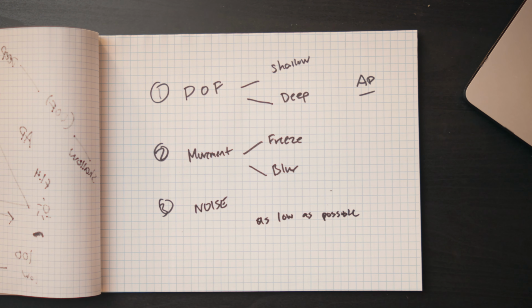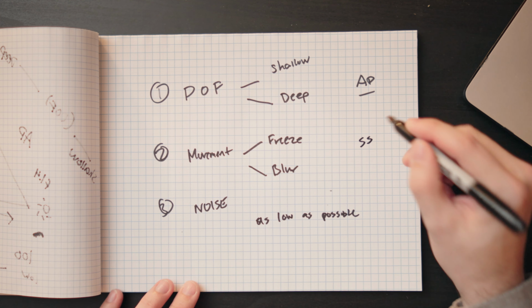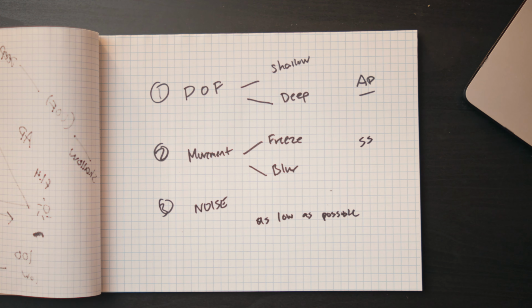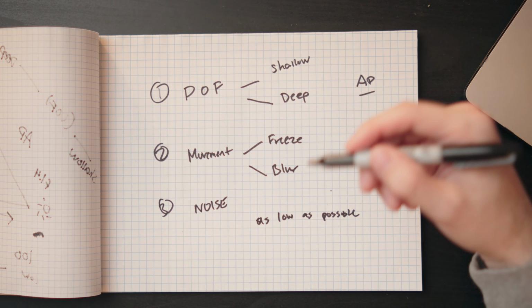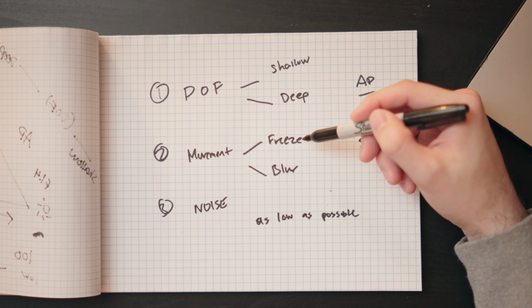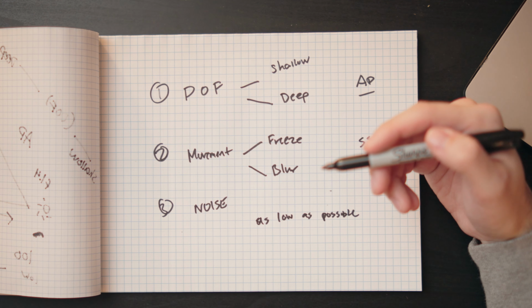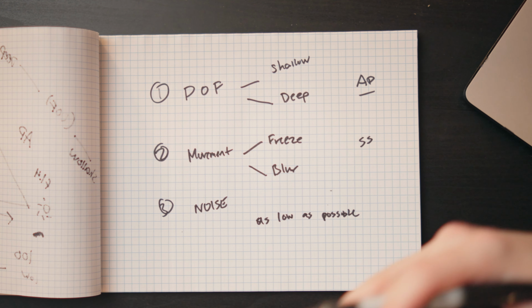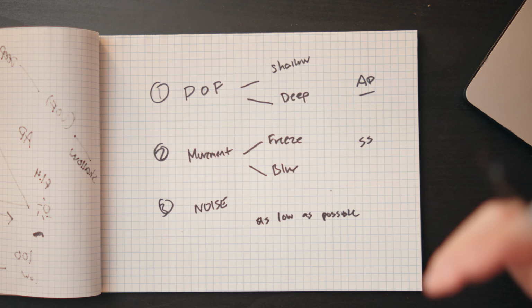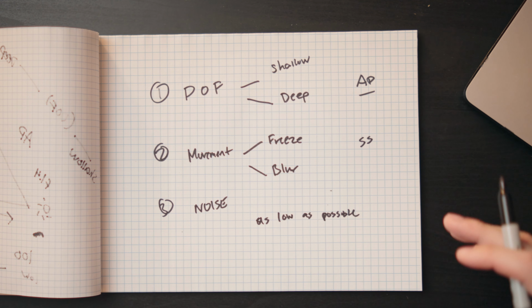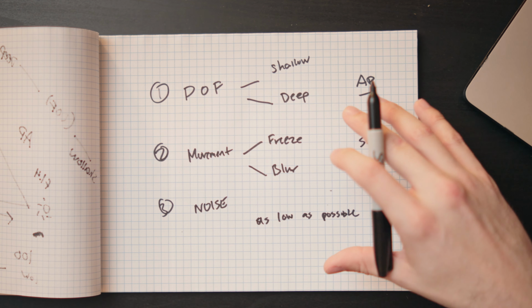So in terms of creative questions, you might want to ask yourself, how do you want movement to appear? And how deep or shallow do you want your depth of field to be? These are the two questions you're going to use, and they're going to inform you how to balance those three elements to get the correct exposure.